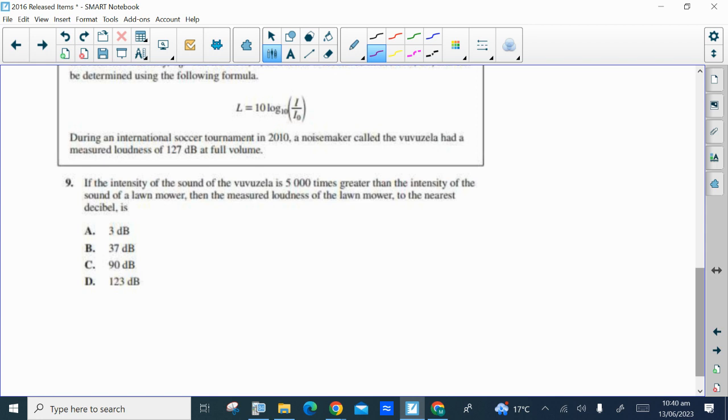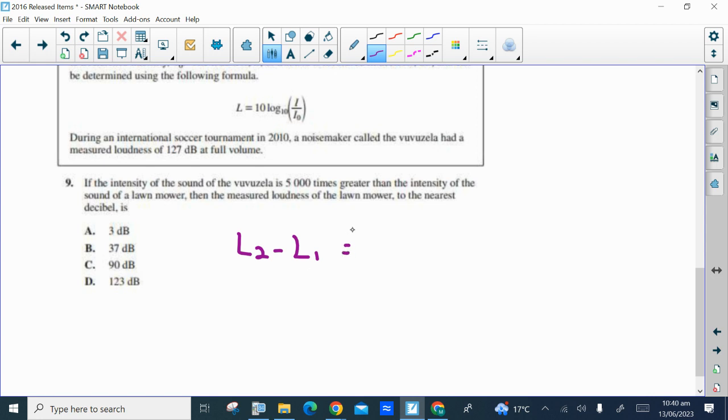So we did questions like this before in our notes. Here's the expression we're going to use. It's going to be L2 minus L1, and again, we're using that because the quotient law of logarithms involves subtraction.